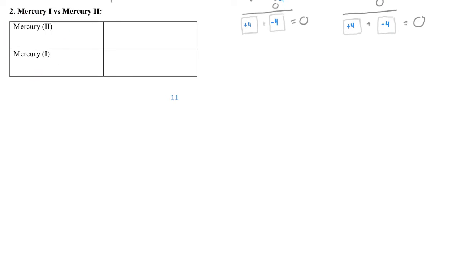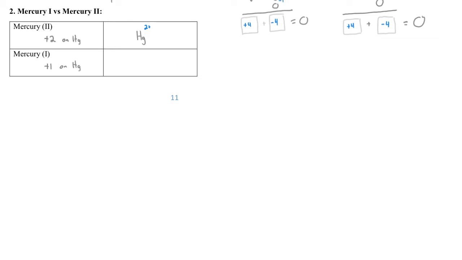Now there's another one of these slightly confusing features, and that has to do with mercury. Mercury forms both +2 and +1 cations. As you might expect, the mercury +2 cation is simply Hg with a 2 plus up in the corner here to indicate that mercury has a +2 charge. Things get funny when we're talking about mercury 1.